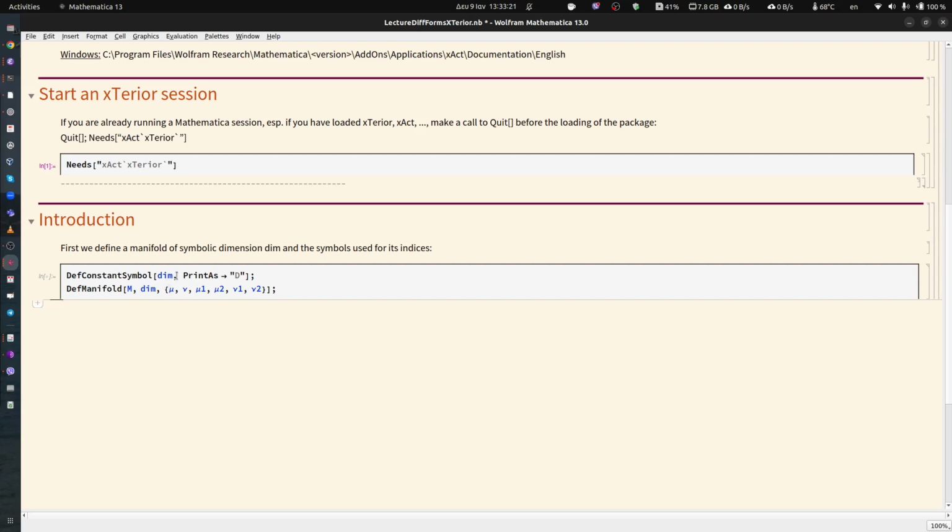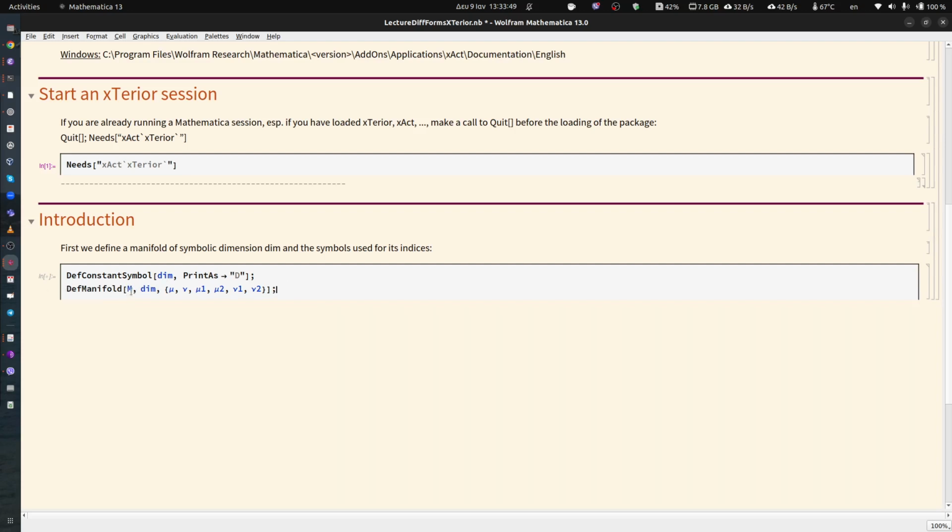In this function you also see an option PrintAs, and we will see this option several times. It instructs the xAct system how to print this symbol in the output expressions. So this can be used to make the output expressions more legible than the symbols that we use in our input expressions.